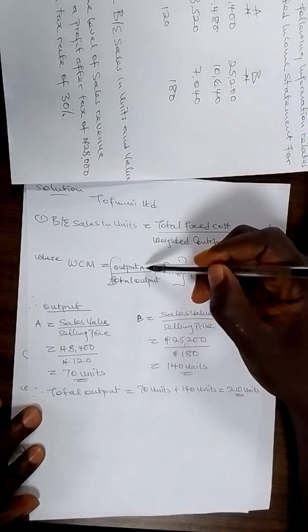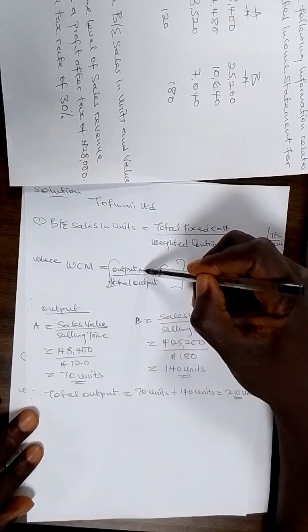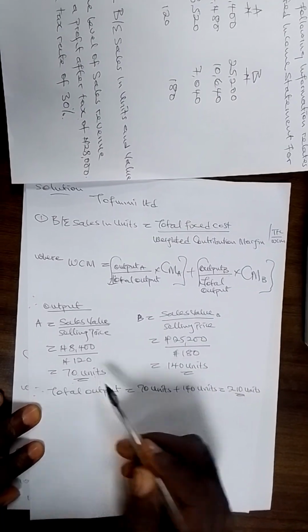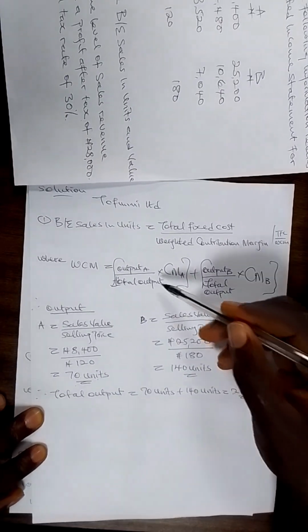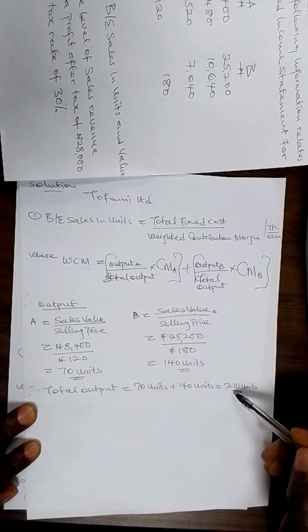So we have been able to establish the output of A, which is 70 units, total output 210, output of B 140, total output 210.